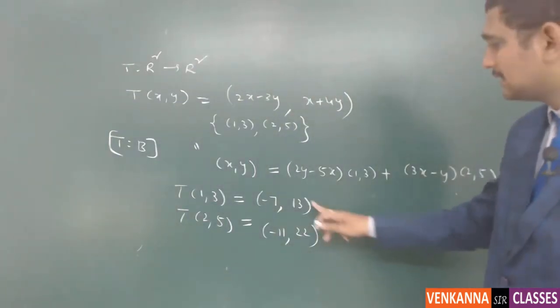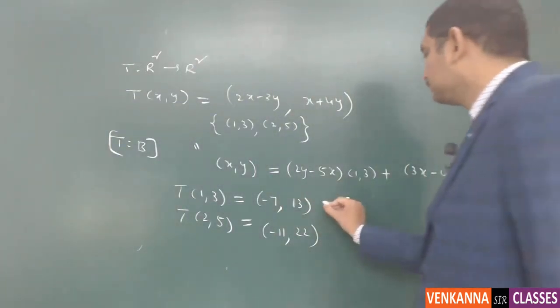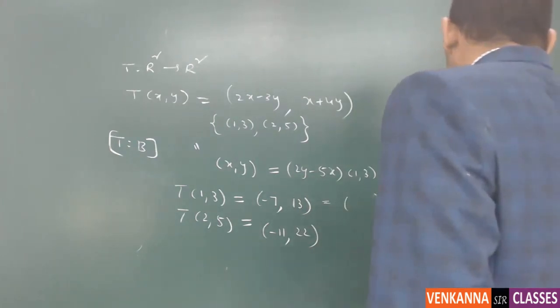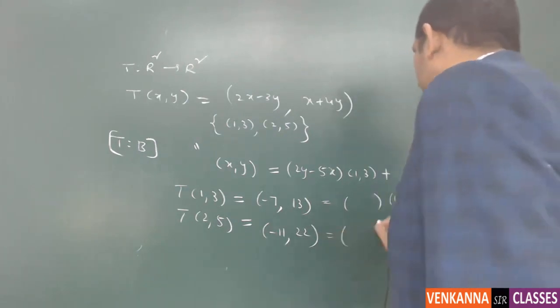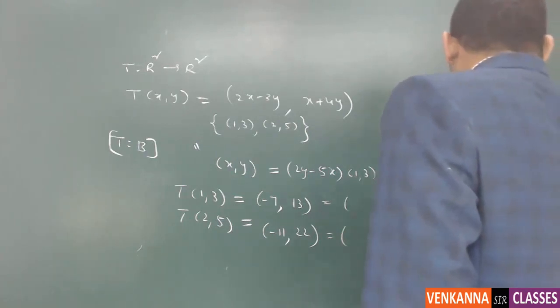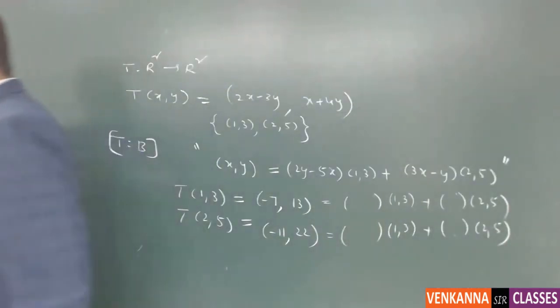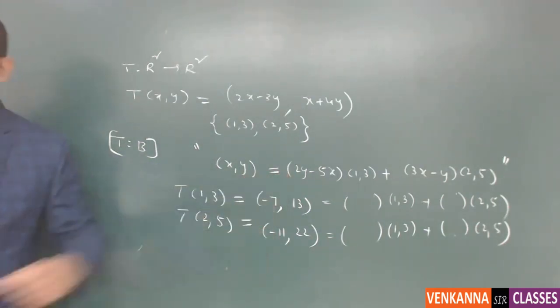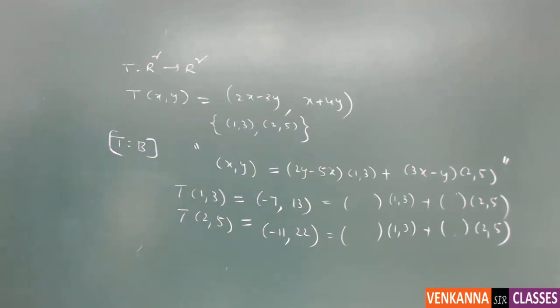Now, for these images, I am applying this combination. So please tell me the respective values using this combination for this one and this one. So (2y minus 5x) into (1,3) and (3x minus y) into (2,5). Right?